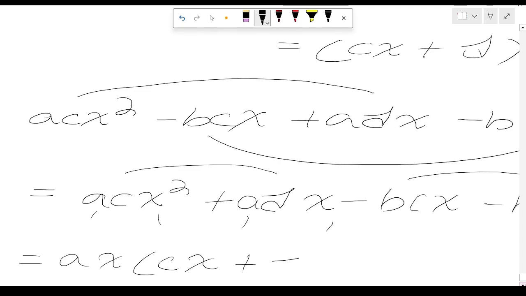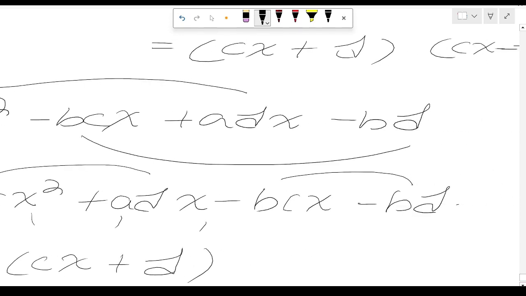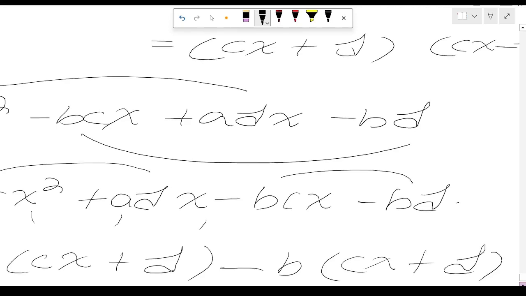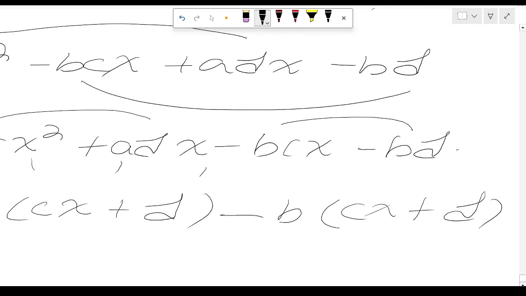After that, I'll write plus d, because a and x are going to be cancelled. Then we have minus, and we have b here and b there, so we'll just pick minus b as common. So I can write cx plus d.